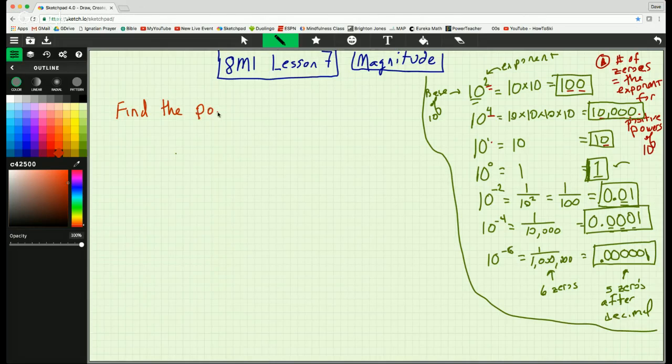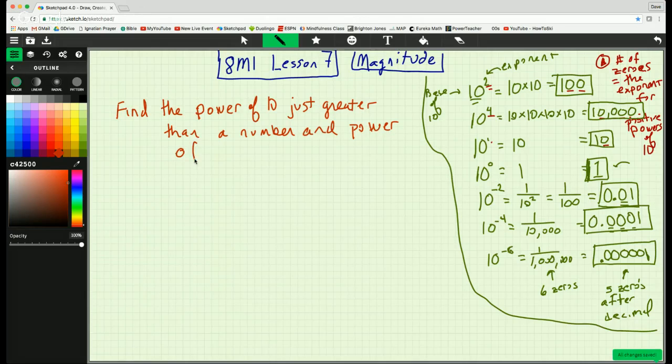Find the power of 10 just greater than a number, and the power of 10 just less than a number.